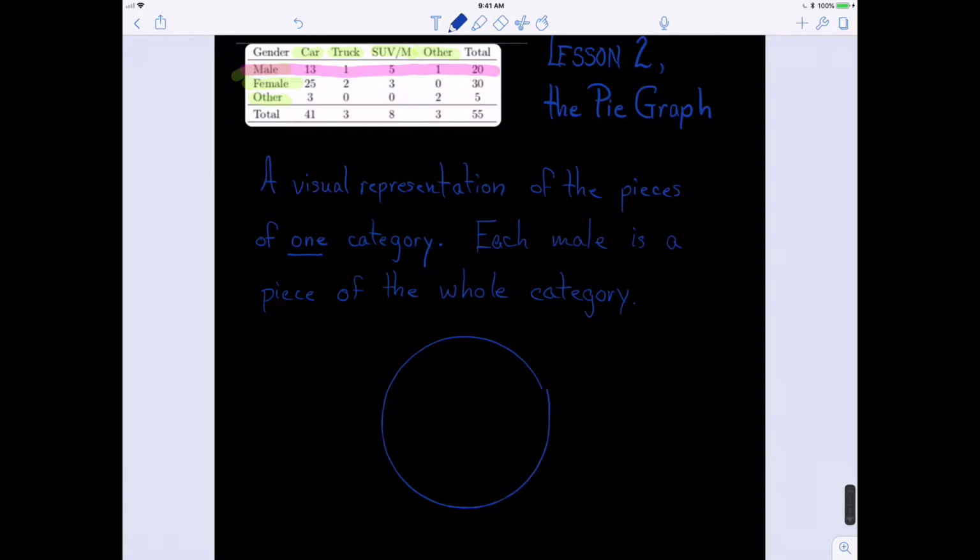Now, what we need to do is start with our total. If we go up here and look, our total is 20 males. So in other words, we need 20 pieces in our pie.